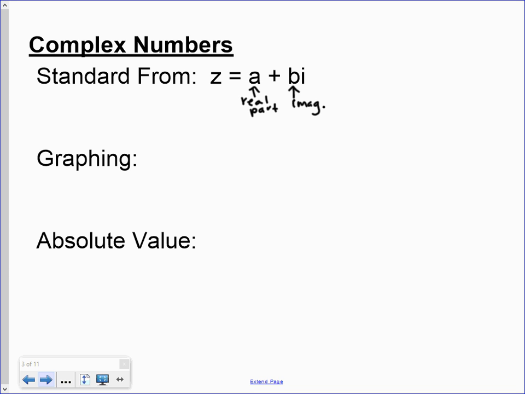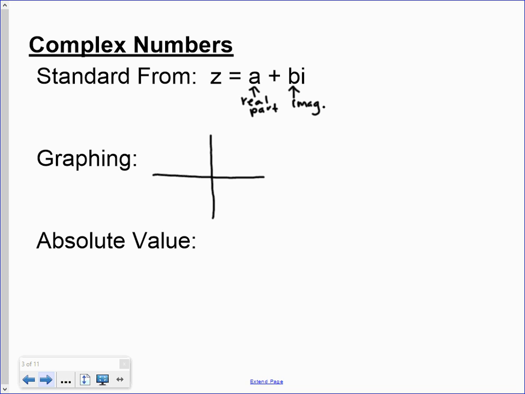Now, to graph a complex number, you cannot graph a complex number on the real coordinate plane with the x and the y axis because there's no place for imaginary parts. So we graph on something called the complex plane, which we'll draw to look like our regular Cartesian coordinate plane.